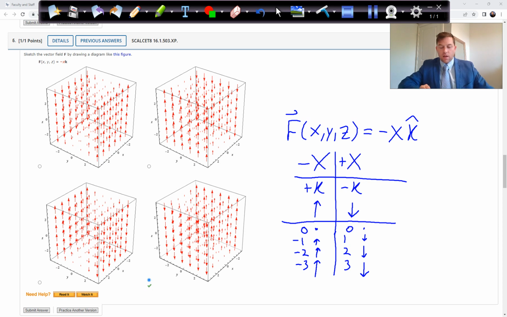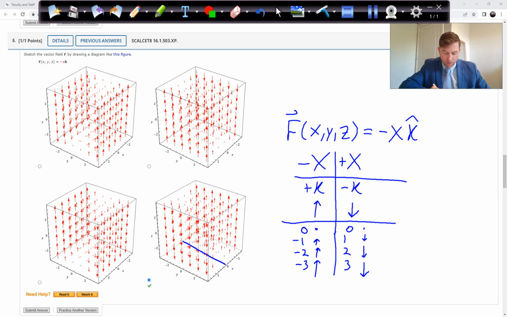So as we get further away from the origin and x gets bigger, either negative or positive, these arrows will also get bigger. So if we look at this answer here, x is 0 along this line. And it's kind of hard to see, and in fact, along that plane, going all the way up, the arrows are really small, if non-existent.